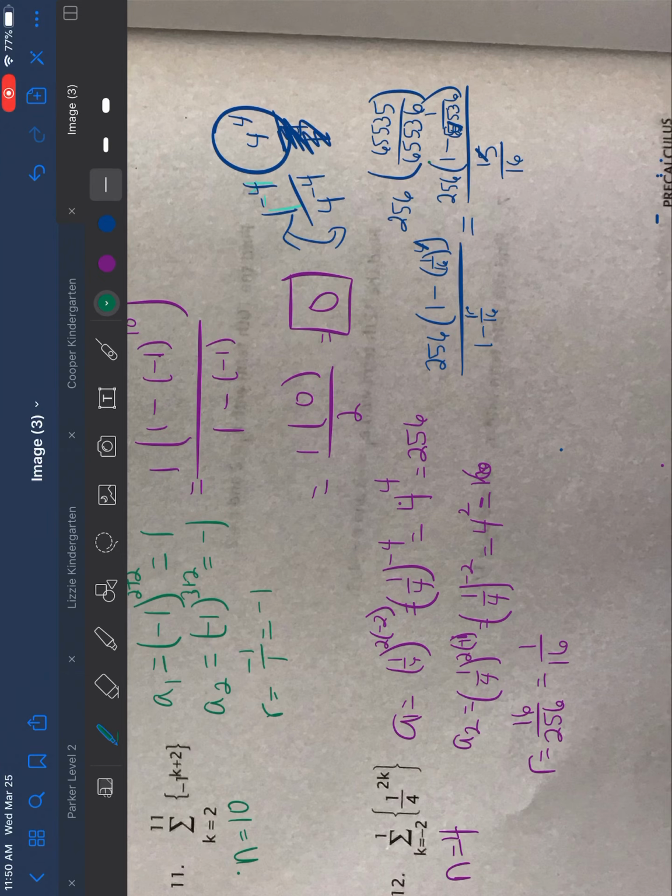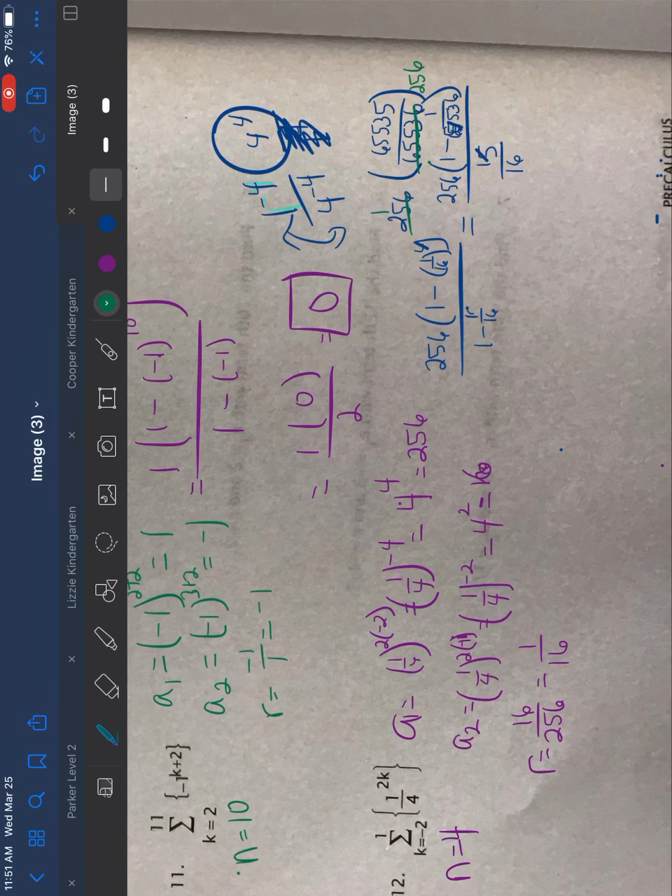Because 65,536 was built on multiplying by 16s, they all have common factors. If you divide 65,536 by 256, that goes to 1. 65,536 divided by 256 leaves you with 256.